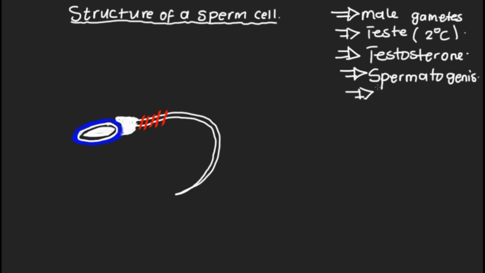Then in terms of what it contains, you need to know that since it's a cell, it needs to have a certain number of chromosomes. So there are 23 chromosomes if the sperm cell is normal. Under normal circumstances, we are expecting 23 chromosomes, and in genetics 23 is half of 46 chromosomes, and we call this the haploid number.